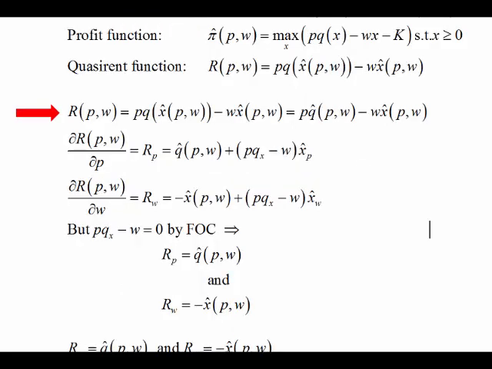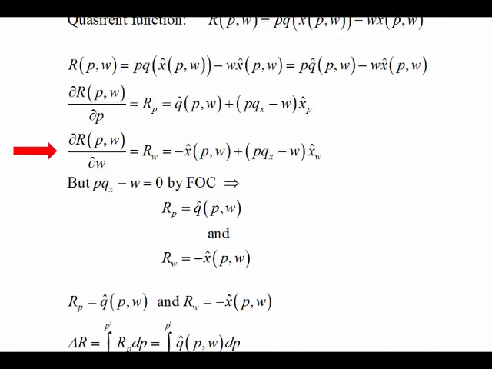Writing out the quasi-rent function in a little more detail, we can see that you can either write it as P times Q of X hat, or in the second expression, P times Q hat minus W times X hat. If we take the derivative of the quasi-rent function with respect to the price, we obtain Q hat plus, using the chain rule, (PQ'(X) minus W) times the derivative of the input function with respect to price as well.